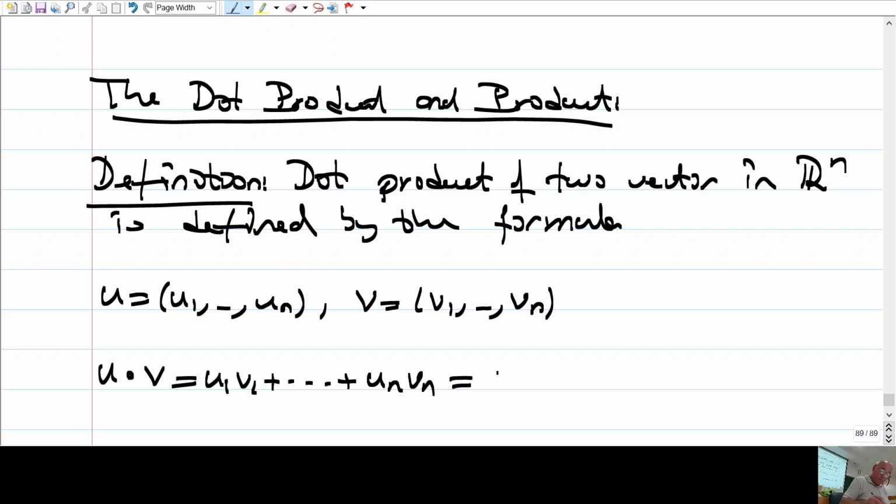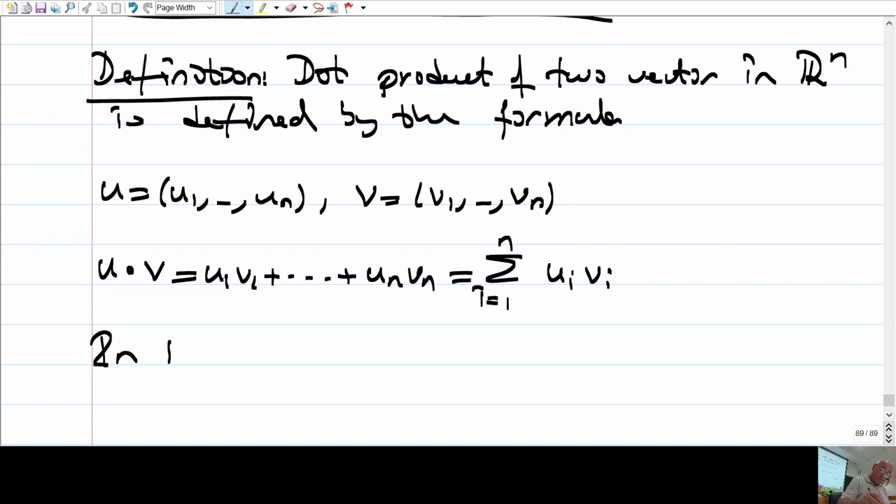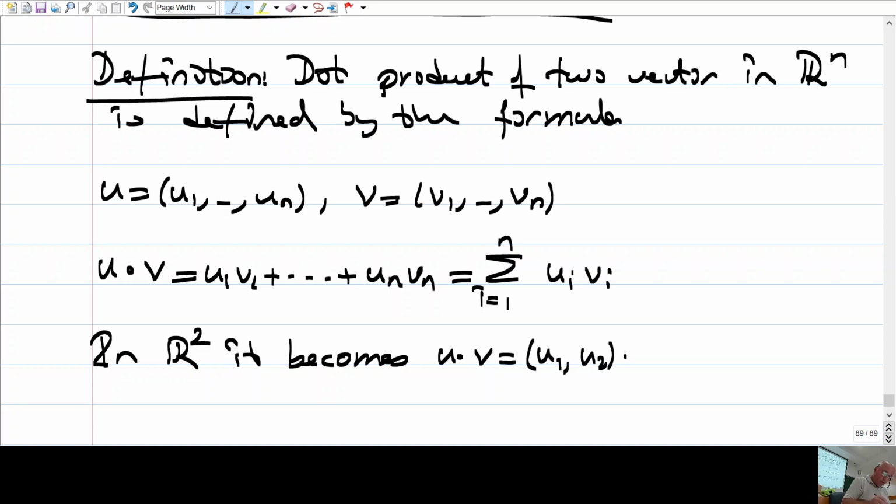Sometimes we just use the summation notation, like this: sum of ui times vi. Okay. So in R2, it becomes u dot v. Let's say this is (u1, u2) dot (v1, v2).